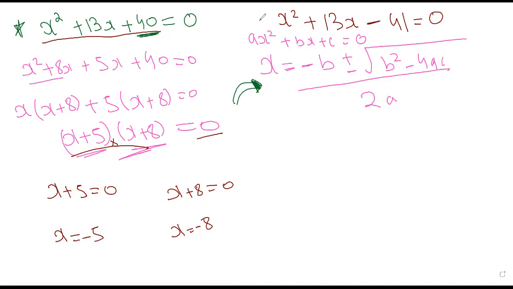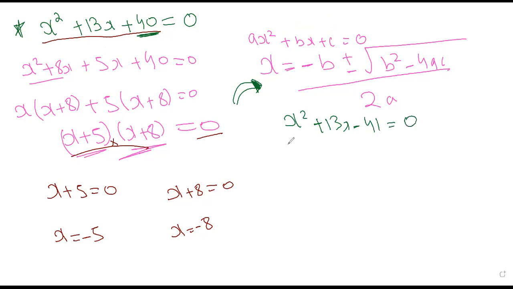For example, if we talk about our example, we have x square plus 13x minus 41 equals 0. What is my a? My a is 1, b is 13, and c is minus 41.